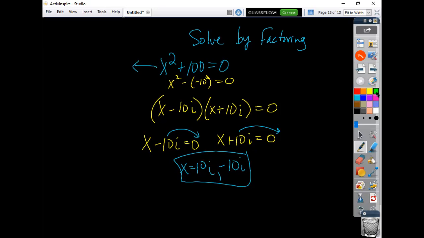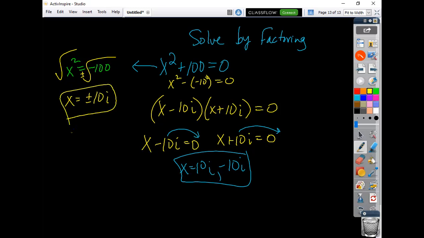If you subtracted your 100 to the other side, square root both sides, don't forget your plus or minus like we've talked about before. And the square root of the 100 would be the 10, and the square root of the negative would be like a negative 1, and i, so you could also think of it that way. And that's everything that is in lesson 2-4.